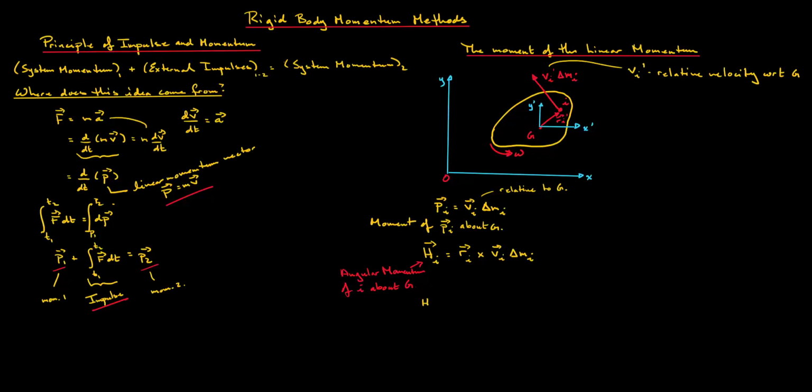And so this would be of the form Hg is equal to the summation over all the particles that comprise the rigid body of the moment of the linear momentum vector of each particle.